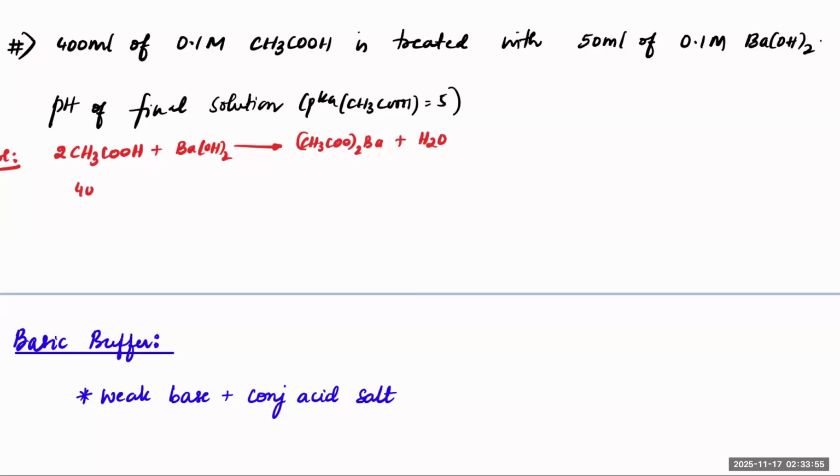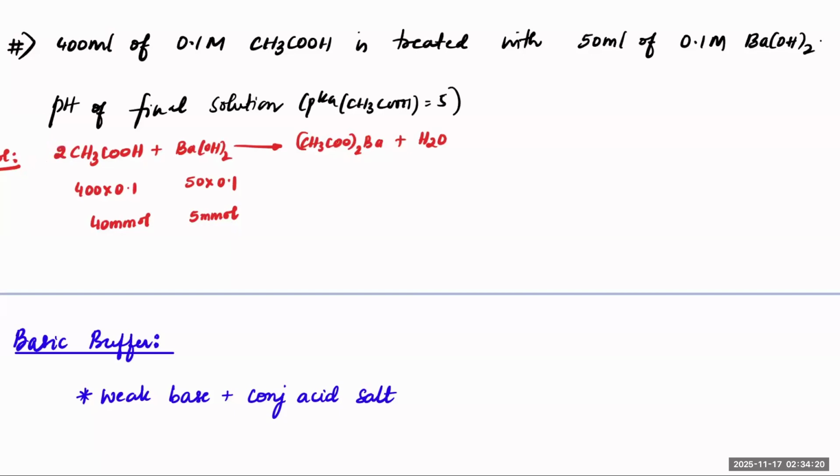So it is 400 cross 0.1 and here it is 50 cross 0.1, which makes it 40 millimoles here, and here we have 5 millimoles. Okay, so you can notice that for every 1 mole of barium hydroxide, we require 2 moles of acid. For 5 we require 10 millimoles.